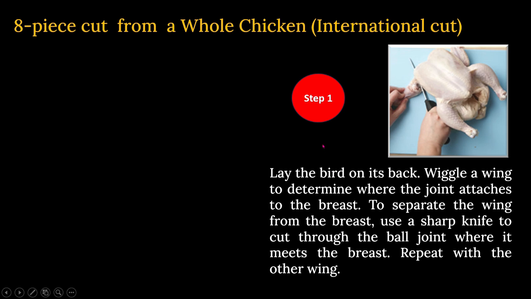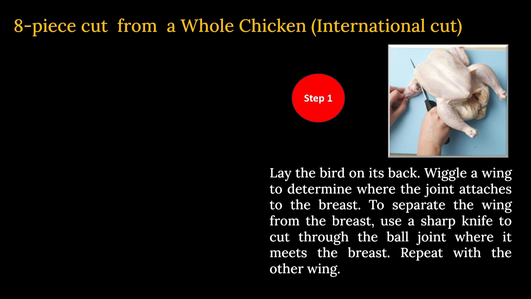Lay the bird on its back, wiggle a wing to determine where the joint attaches to the breast. Now we'll pick up the wing first. We hold the wing with one hand and try to wiggle it. Wiggle means irregularly rotating it this side, that side, up and down.